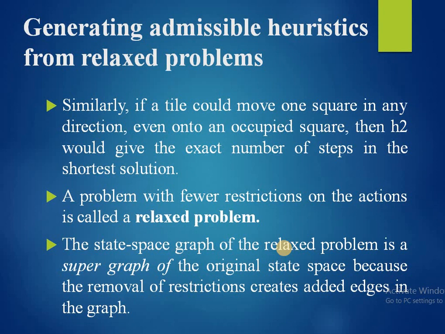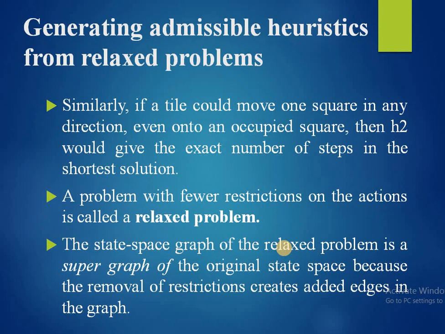Similarly, if a tile could move one square in any direction, even onto an occupied square, then h2 would give the exact number of steps in the shortest solution. A problem with fewer restrictions on the actions is called a relaxed problem.